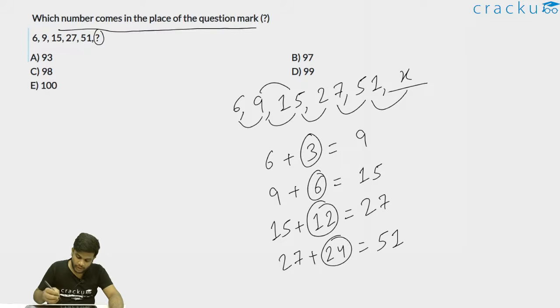Now if we look carefully, the terms that we are adding are all in geometric progression. It means that 3 is multiplied by 2 to get 6, 6 is multiplied by 2 to get 12, and 12 is multiplied by 2 to get 24.